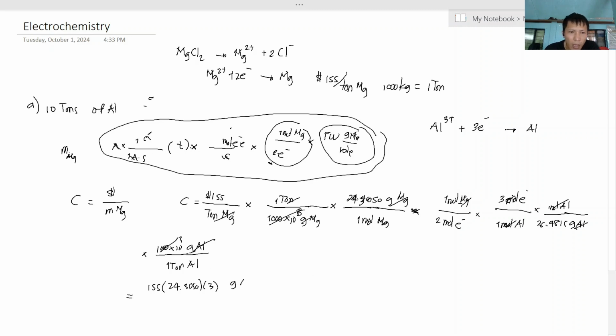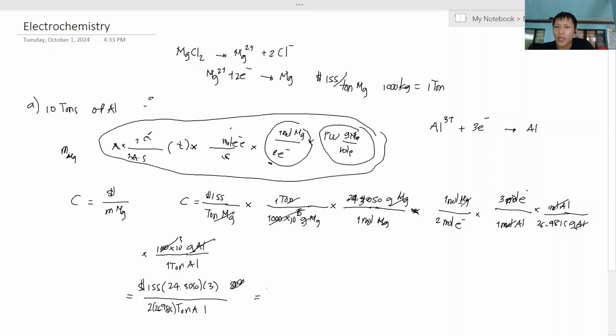So the remaining unit at the top would be dollars, and then at the bottom is ton of aluminum. At the bottom, there is 2 and 26.9815. So that's all the numbers that appear at the bottom.